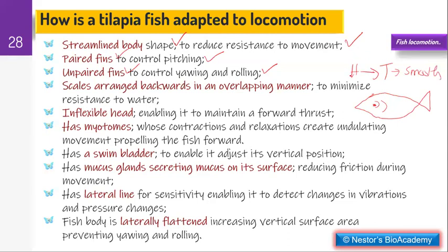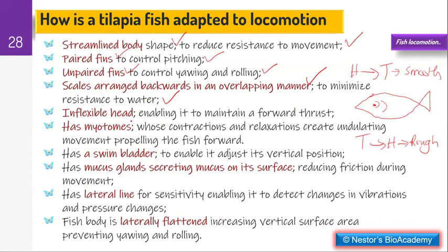But if you stroke it from the tail towards the head, it is always rough. This is because in a fish, the scales are arranged backwards in an overlapping manner. This is meant to minimize resistance to water as the fish locomotes in water.